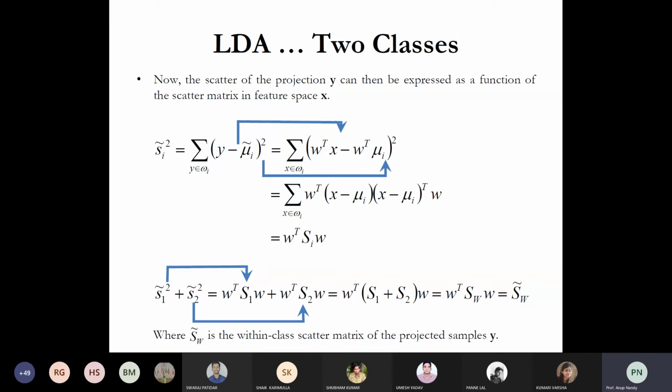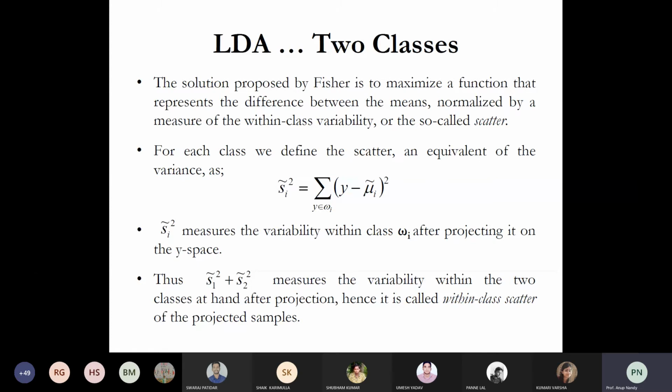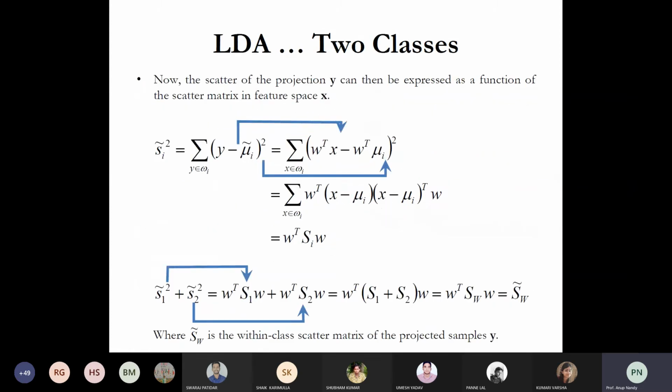So Si square is equal to (y − μy) square, where y is W transpose x, and μy is W transpose μ. If you compute it, you can write it this way: W transpose (x − μ)(x − μ) transpose W, which is nothing but W transpose Si W.